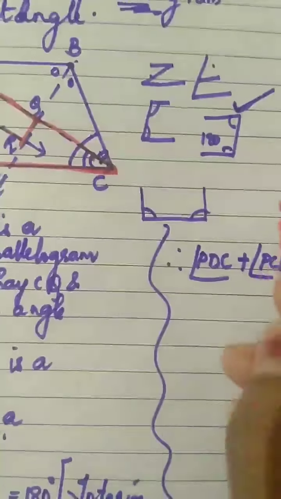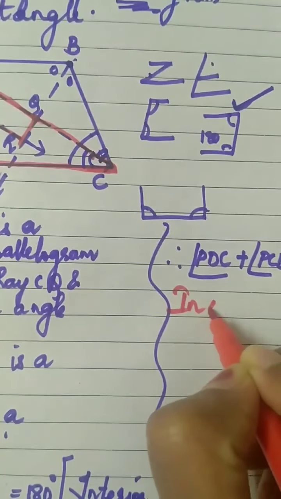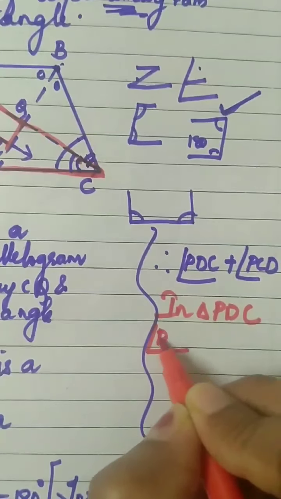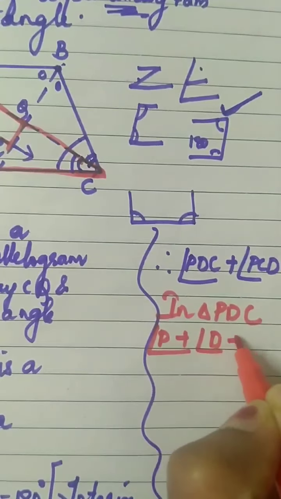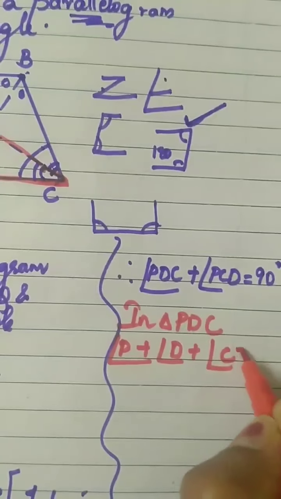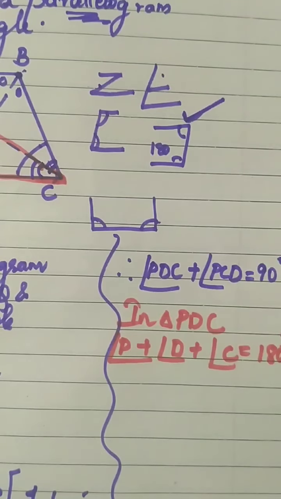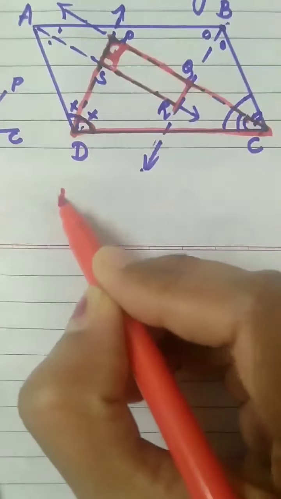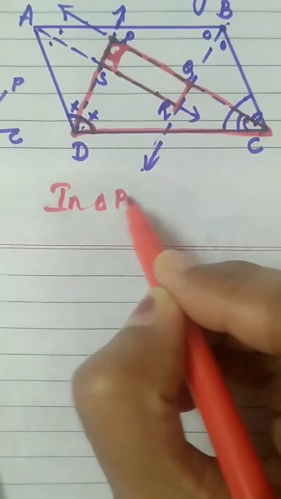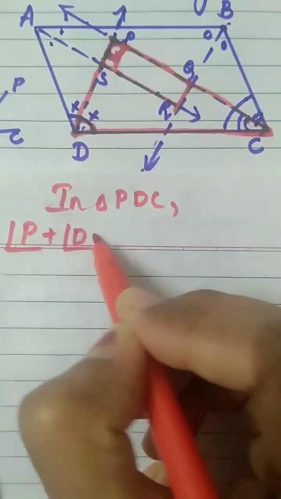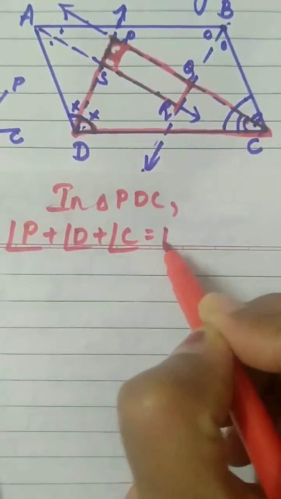Easy. So how will you write now? Next step. In triangle PDC, angle P plus angle D plus angle C is equal to 180 degrees.